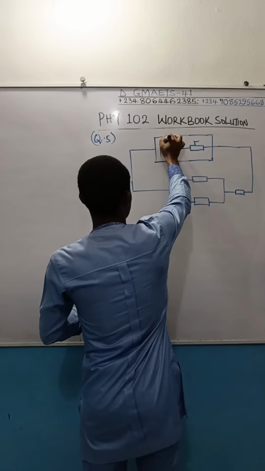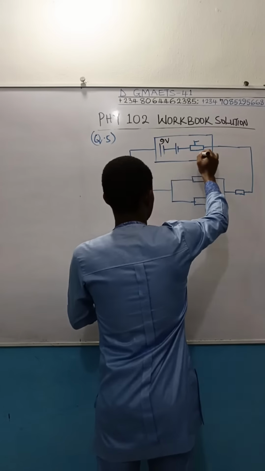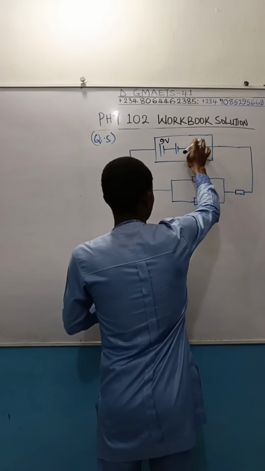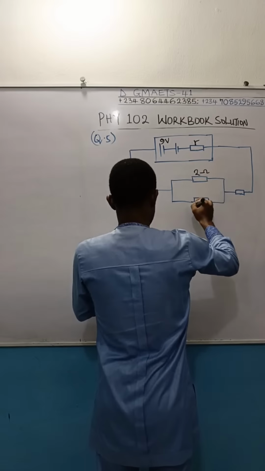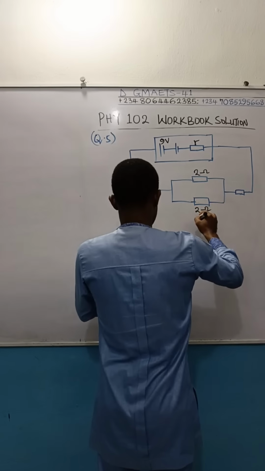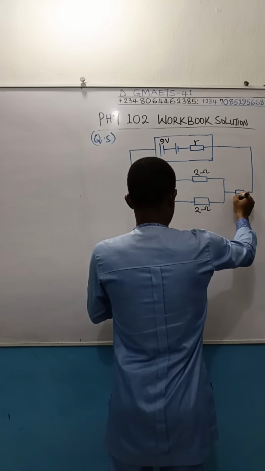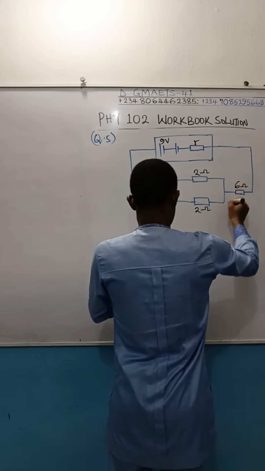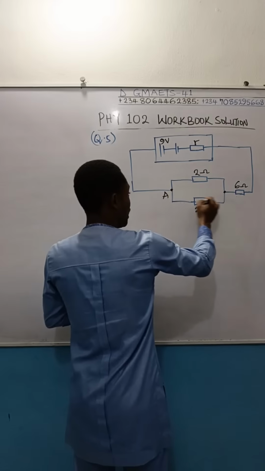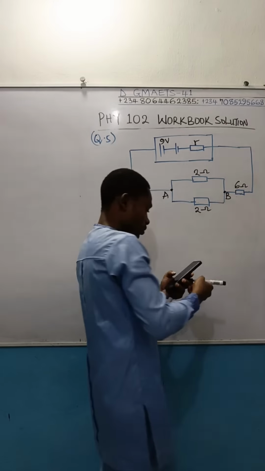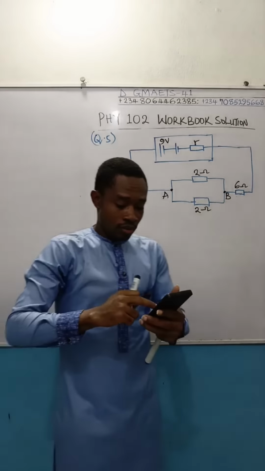This is 9 volts. We have r here. This is a 2 ohms resistor. This is 6 ohms. This terminal was labeled A and B. That is it.